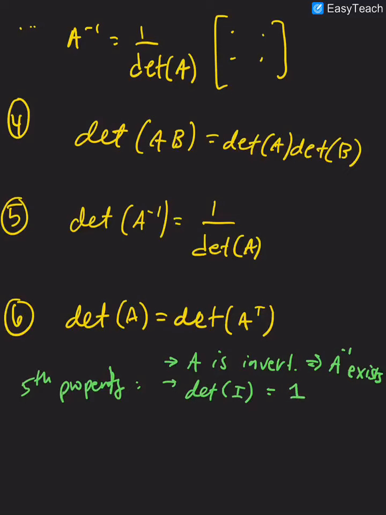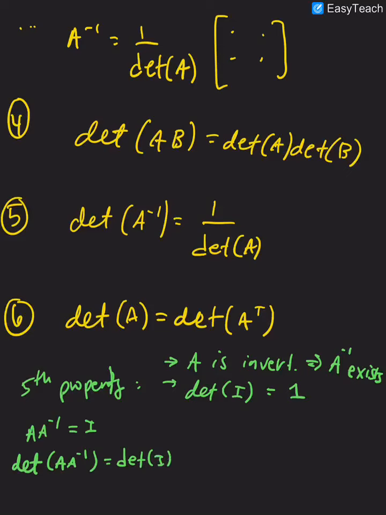So if we have A times A inverse, that equals the identity matrix. And if we take the determinant of both sides, we have the determinant of A times A inverse is equal to the determinant of the I matrix.